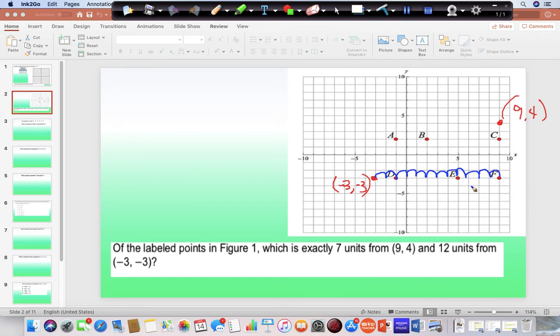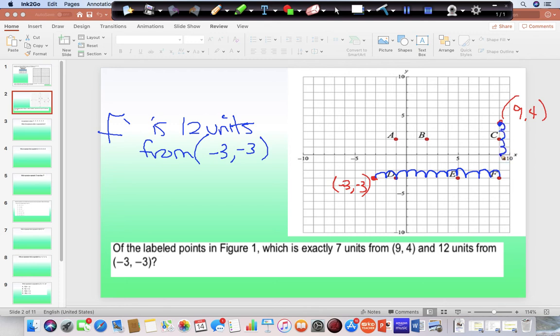Now, it says that point F is 12 units from (-3, -3). So, good. F is 12 units from (-3, -3). Okay, and we want to make sure that this point is also 7 units from (9, -4). So (9, -4) is up here. I'm going to count down to make sure that it is exactly 7 units. So 1, 2, 3, 4, 5, 6, and 7.